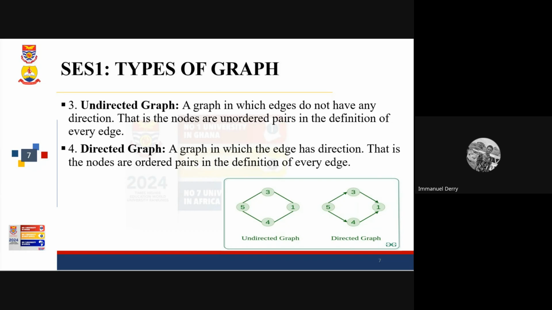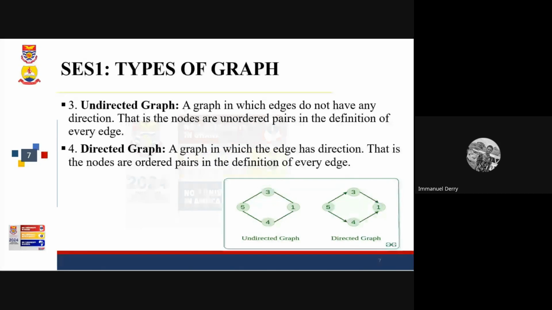So if you look at the diagram below, this is an undirected graph because there are no directions on the various edges. That means that if we are at vertex 3, we could move to vertex 5. And similarly, we could move from vertex 5 up to vertex 3 without any constraints.